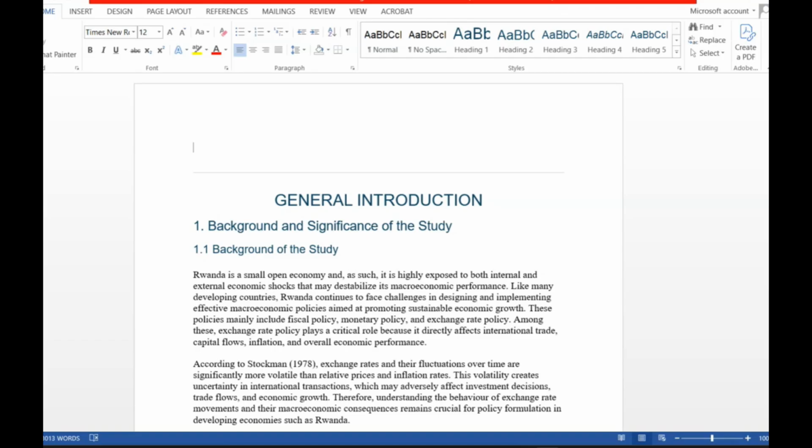The topic is all about exchange rate volatility. On the proposal, I'm missing the title. This proposal is missing the title.